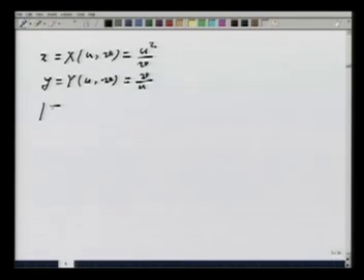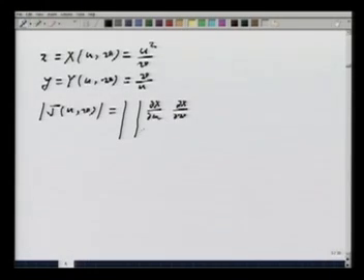So mod J of uv. This is the modulus of the determinant of del x del u, then del x del v, then del y del u, del y del v.